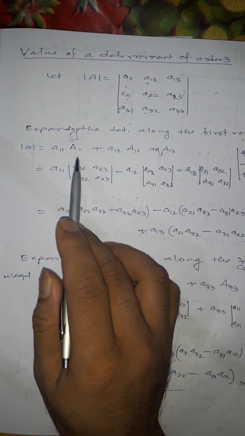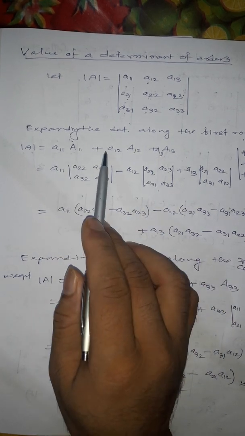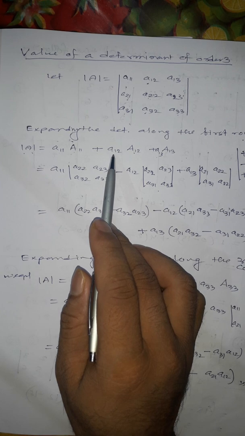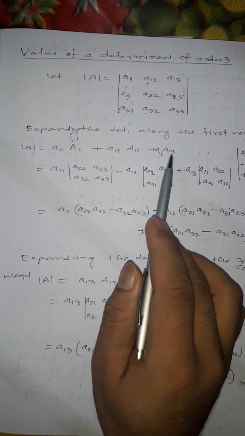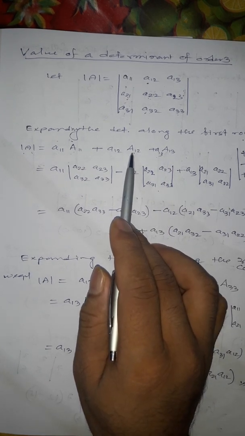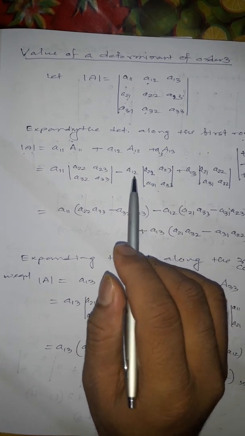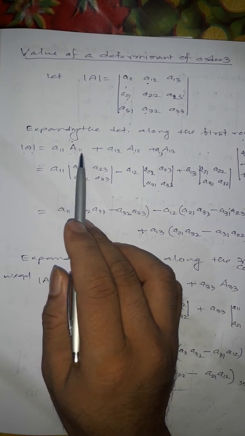So this is the expression: A11 into capital A11 plus A12 into capital A12 plus A13 into capital A13. Capital A is the cofactor. Now you see A11 into capital A11.